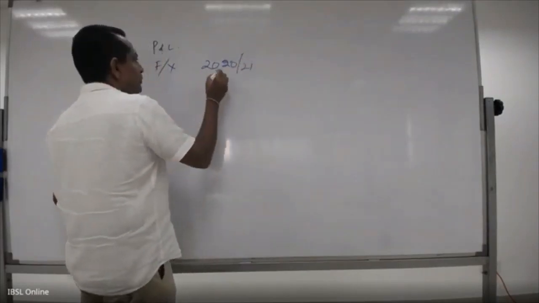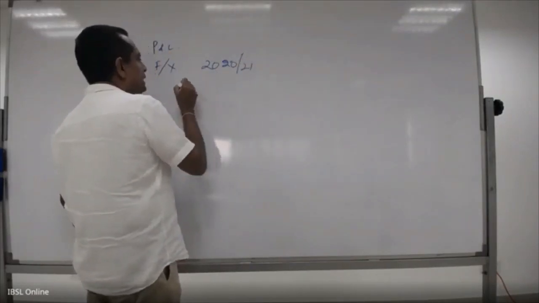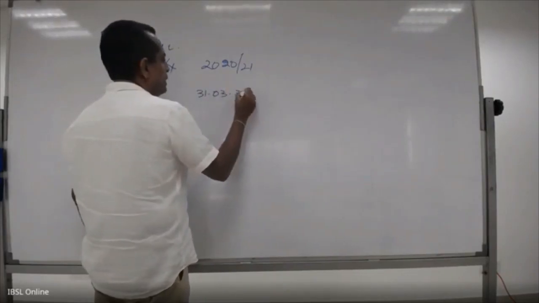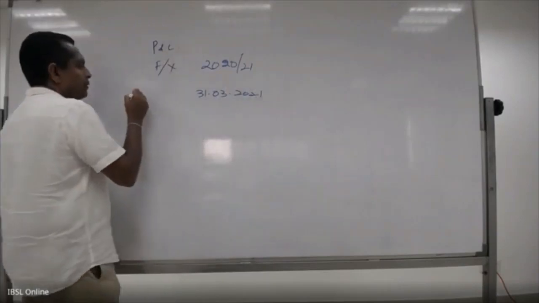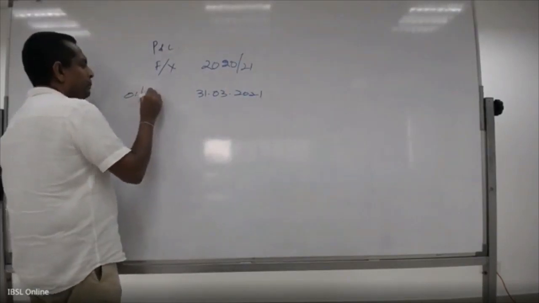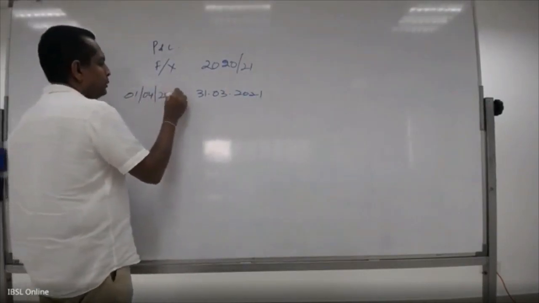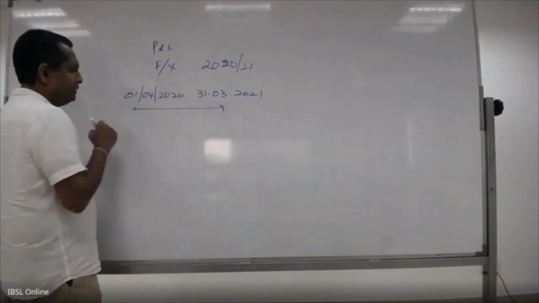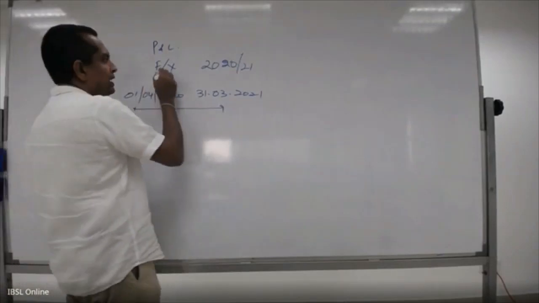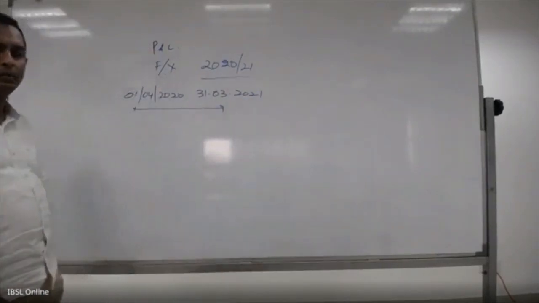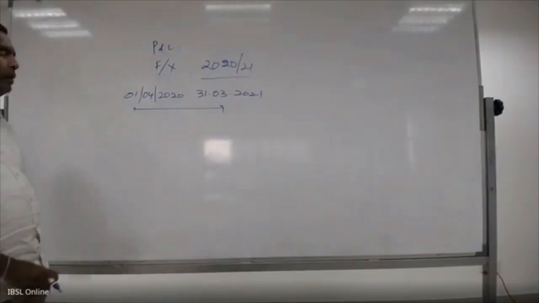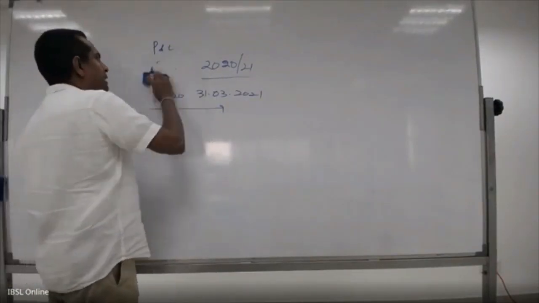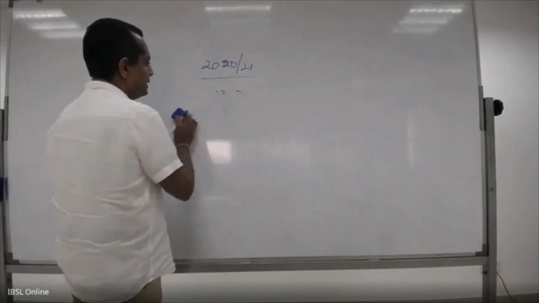That means the financial year ended 31/3/2021, starting from 1st April 2020 to this period. This is the meaning of financial year 2021. So P&L is for a period.